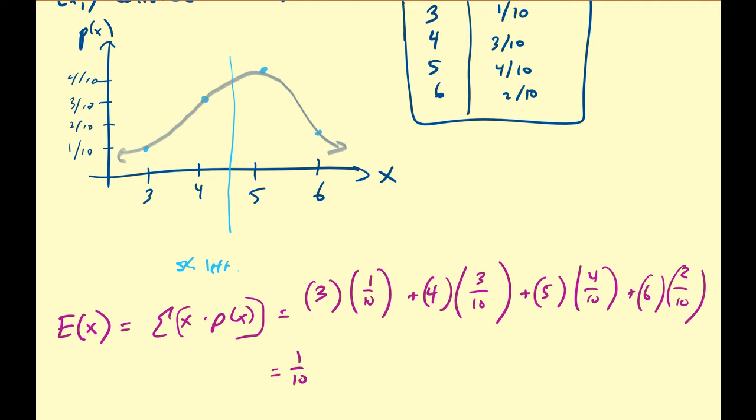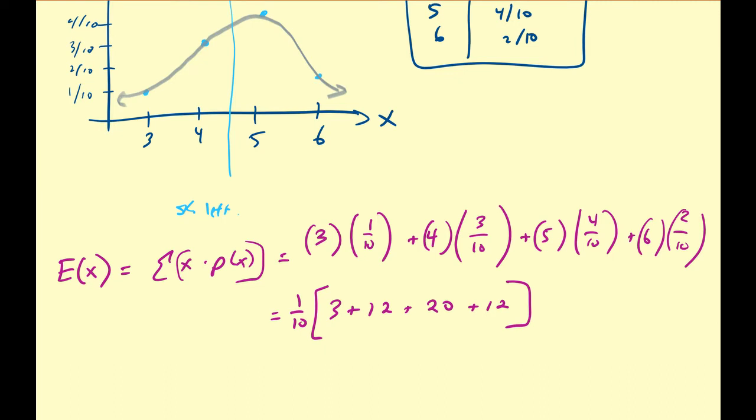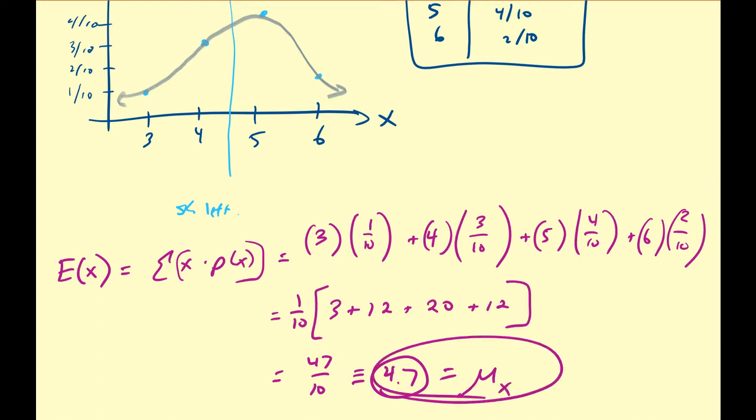If we factor out a 1 out of 10, we can easily do the math to be 3 plus 12 plus 20 plus 12. And that's going to come out to 3 plus 12 is 15, plus 12 is 27, plus 20 is 47, so this is going to be 47 tenths, or 4.7. And this is the mean of the random variable by definition.